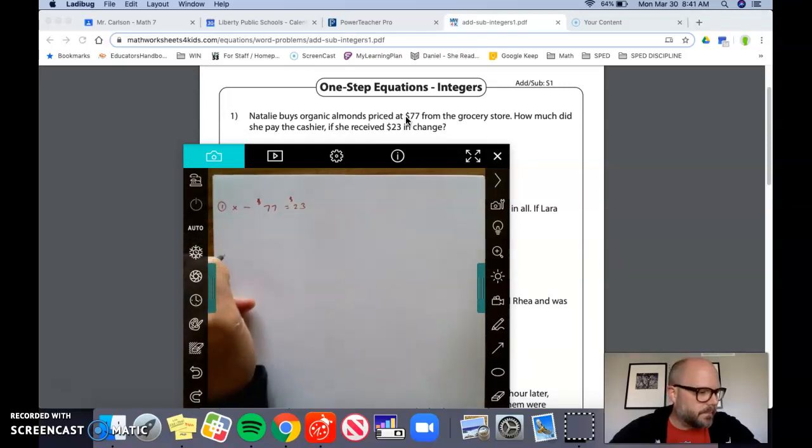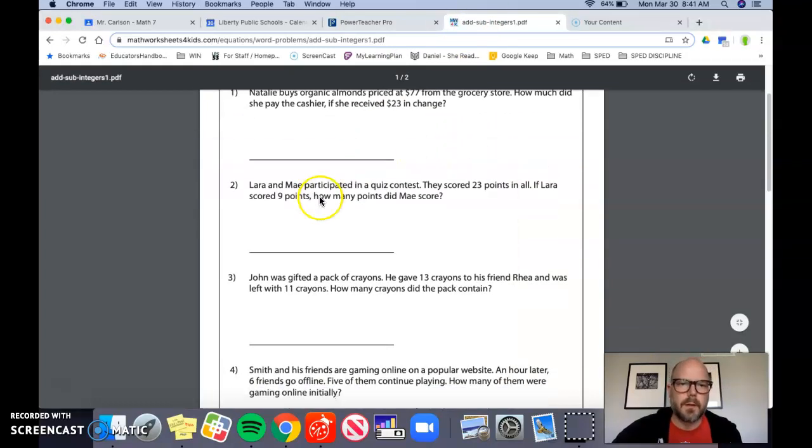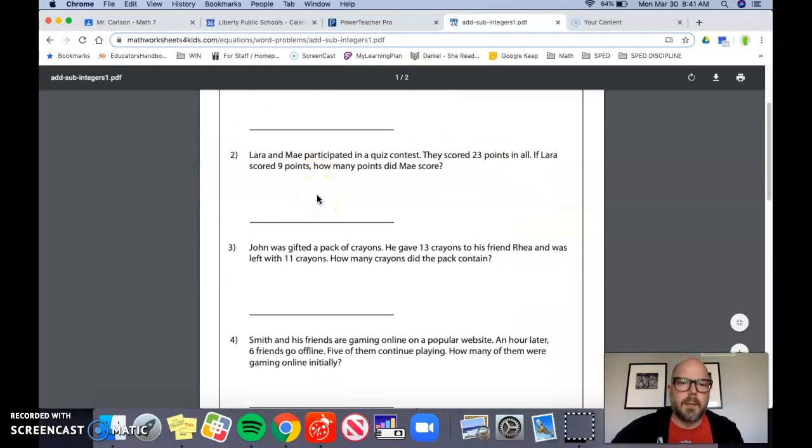Let's look at number two. Number two says, Laura and May participated in a quiz contest. They scored 23 points in all. So altogether, they scored 23 points. If Laura scored 9 points, how many points did May score?